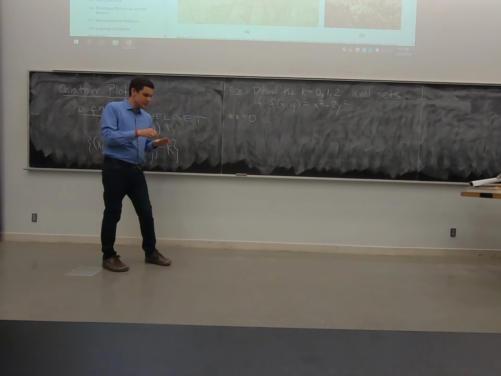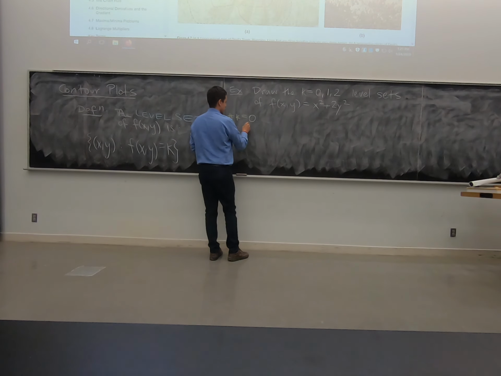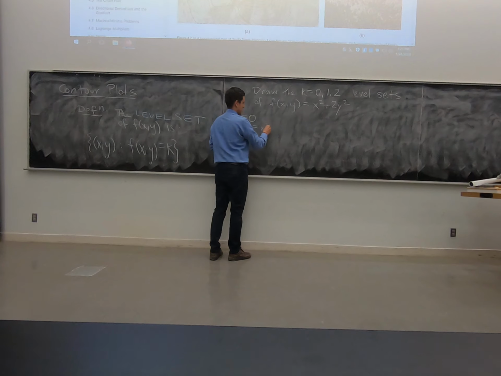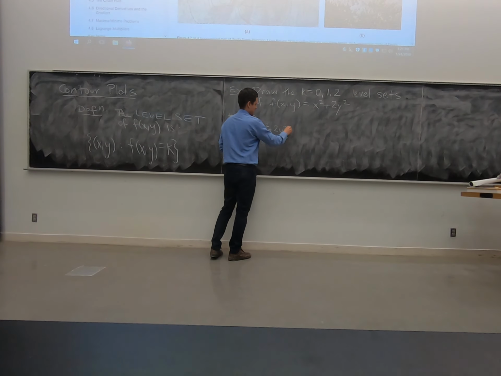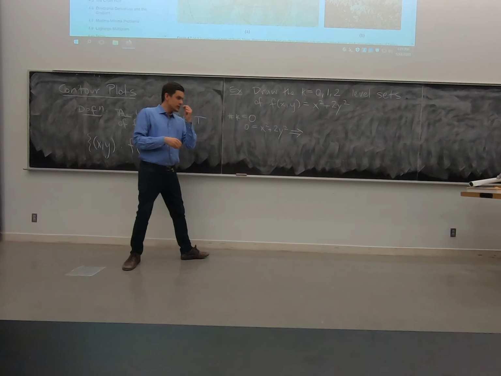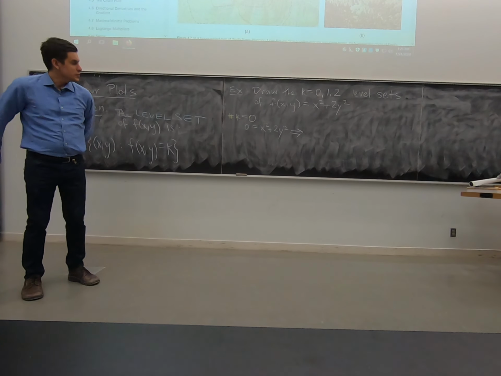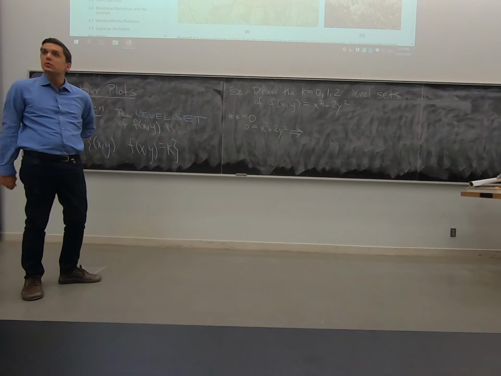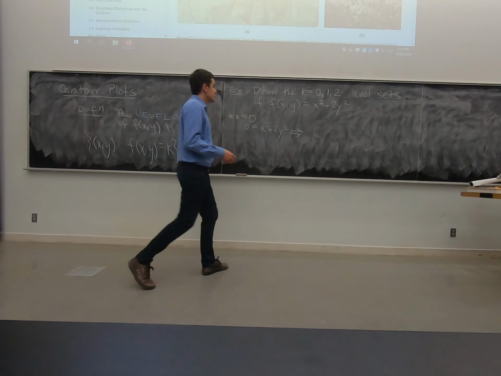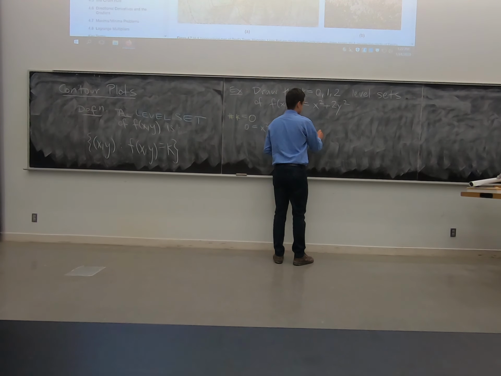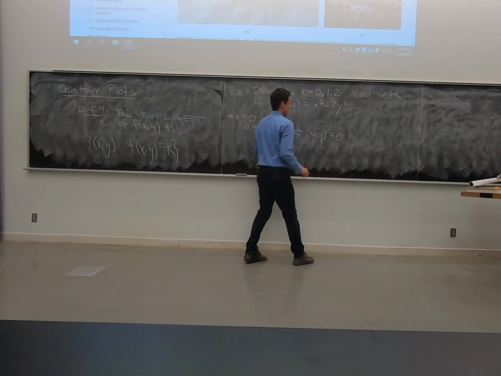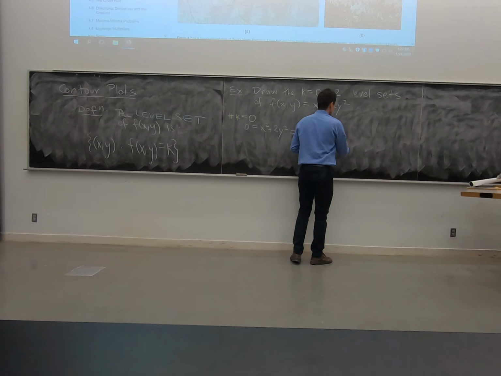So the k equals 0 level set: we've got a sum of things. We're saying that the sum of squares should be 0. The only way that's possible is if x, y is 0, 0.